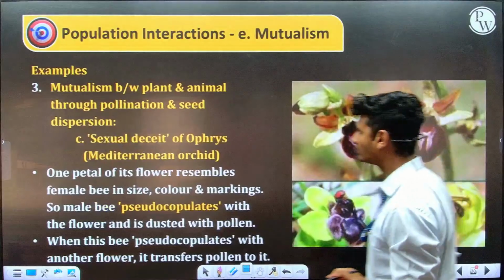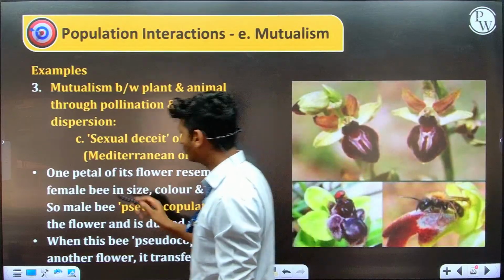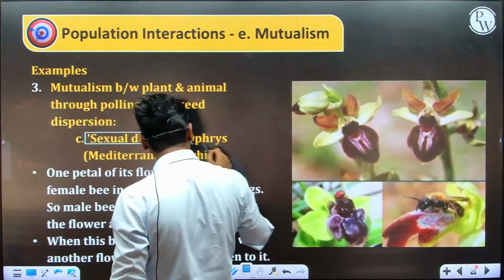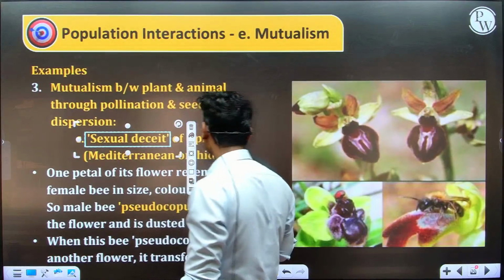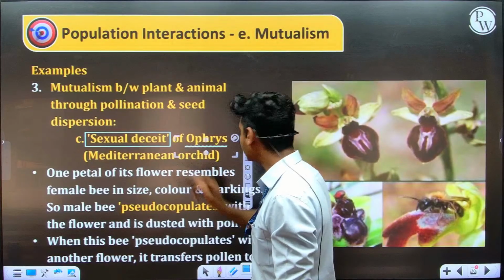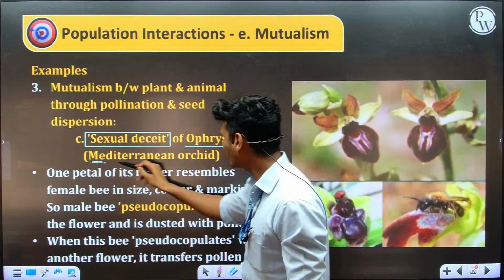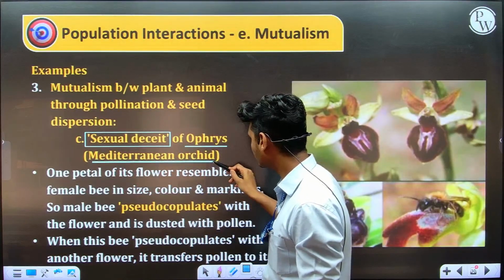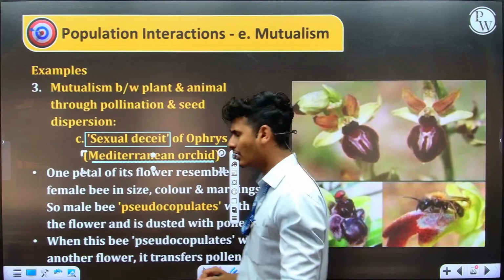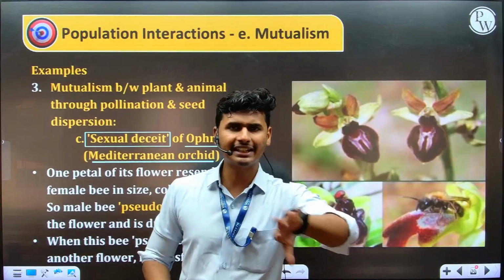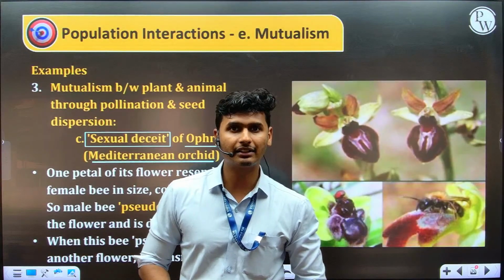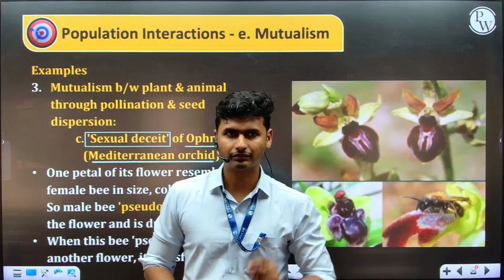Now, this is a little bit confusing topic, that is the sexual deceit of the Mediterranean orchid. Now, it is also an interaction between bees and the orchid plant, but the benefit is different.